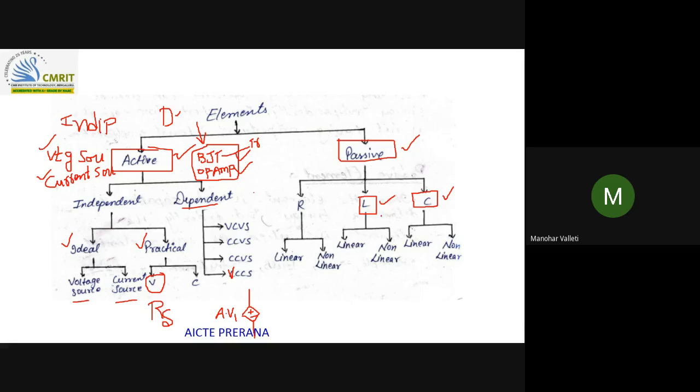But the magnetic energy delivered by the inductor and the electric energy delivered by the capacitor is for a shorter amount of time. It's not for infinite time. After some time, the entire energy in these two components will be dissipated. So the capacitors and inductors are able to deliver the energy for a shorter period of time. That's why we call L, C and R passive elements.